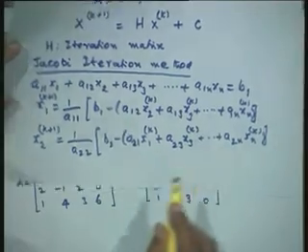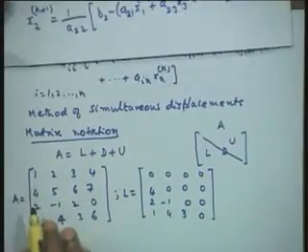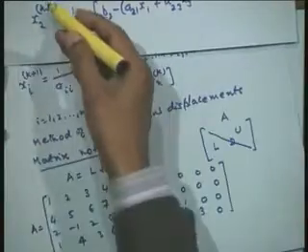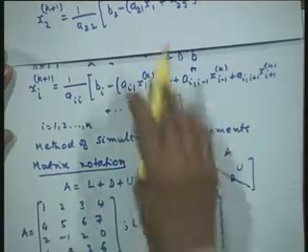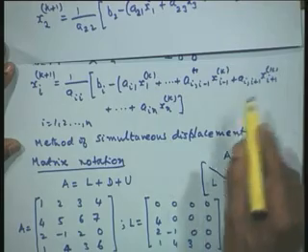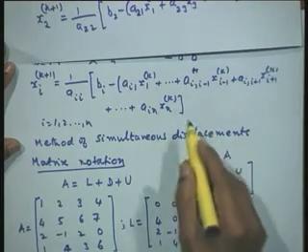And when I come to the last equation, x n, I have already computed x 1, x 2, up to x n minus 1, but none of this information is being used in computing the present iterate. We are still using all the previous iterates, and hence the convergence will be slow.